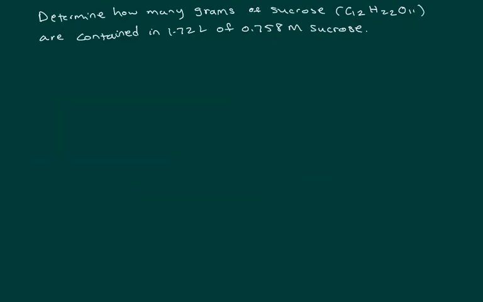Okay, we're going to learn how to use molarity as a conversion factor, just like we've previously learned to use density as a conversion factor between mass and volume. Now we can use molarity as a conversion factor between moles of solute over liters of solution.